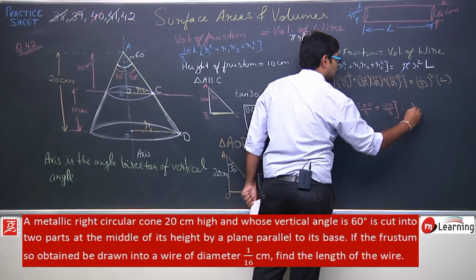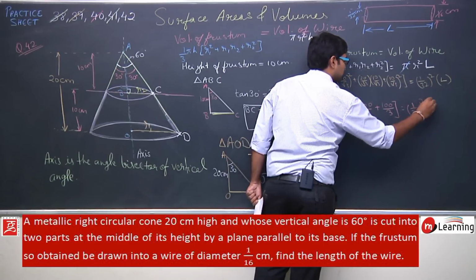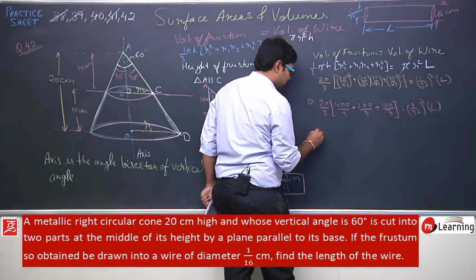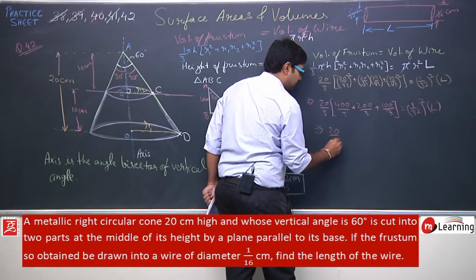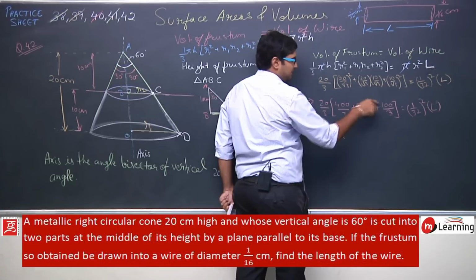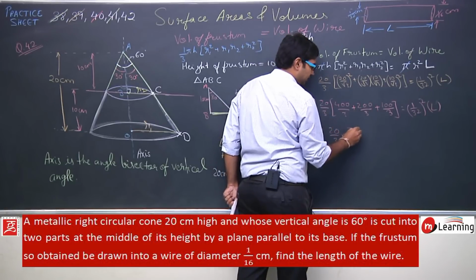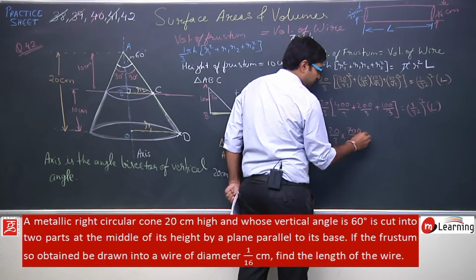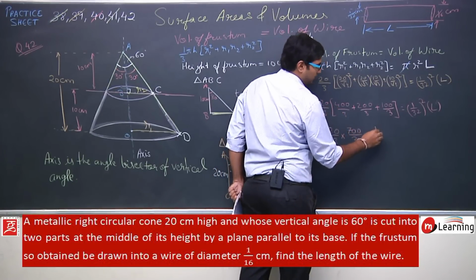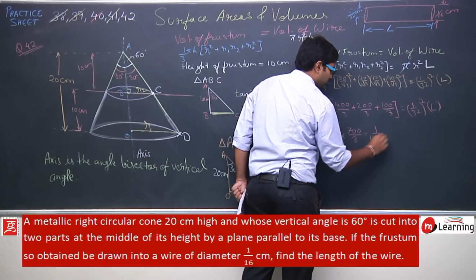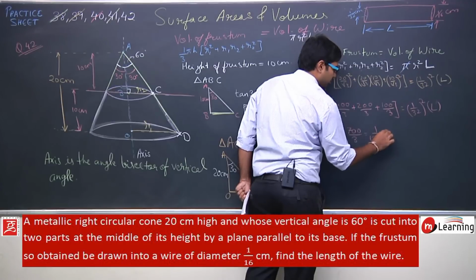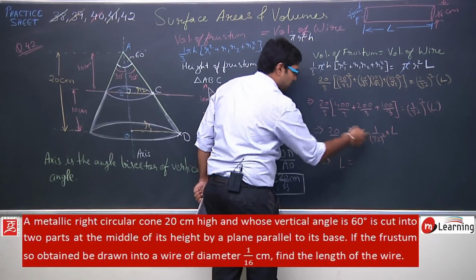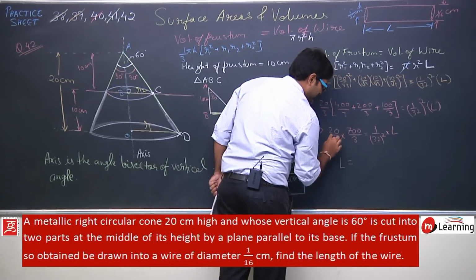This is equal to 1 upon 32 square into L. So this implies 20 by 3 into 600 plus 100 is 700 upon 3, and this is equal to 1 upon square of 32 into L.